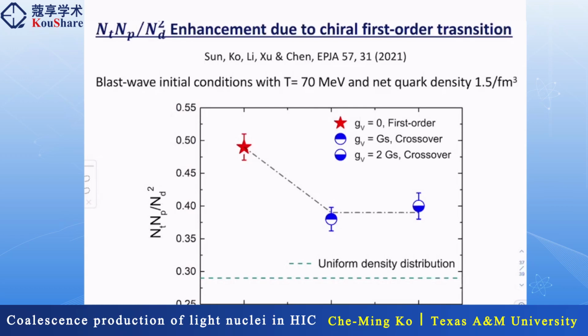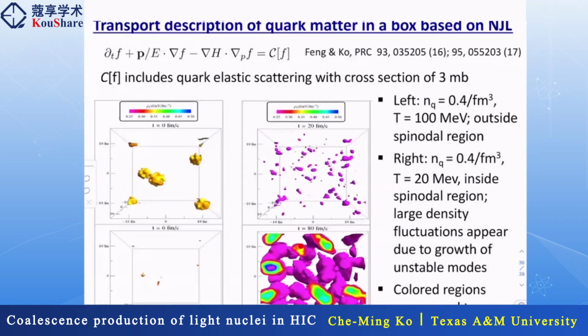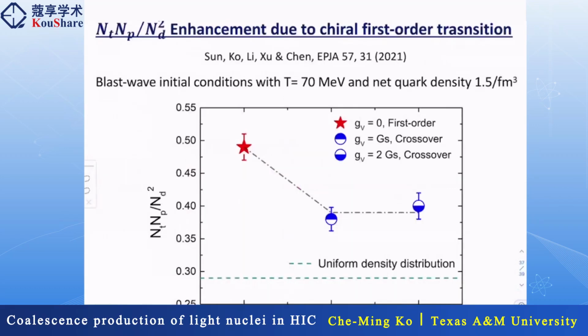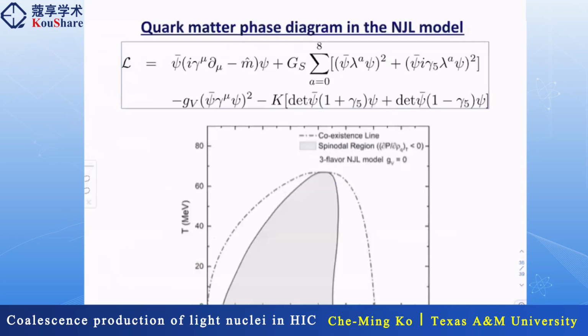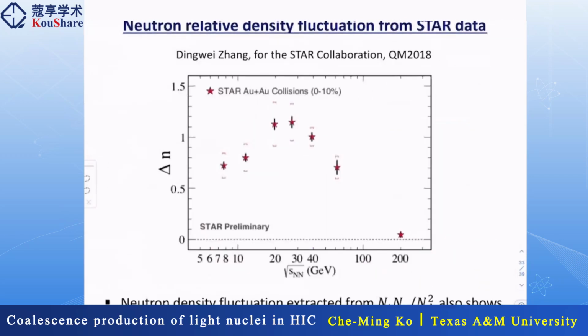So, of course, it's hard to see compared to this one, right? Here, this dense structure is much larger, but somehow when you look at the coalescence model, triton times proton over deuteron squared, you only get a 25% effect. The question is whether those effects are sufficient to explain this experimental data, right?